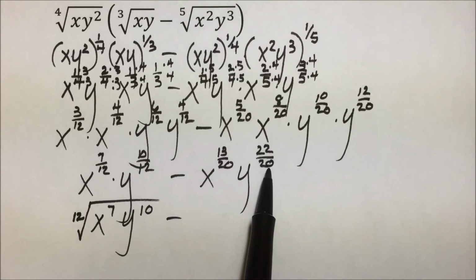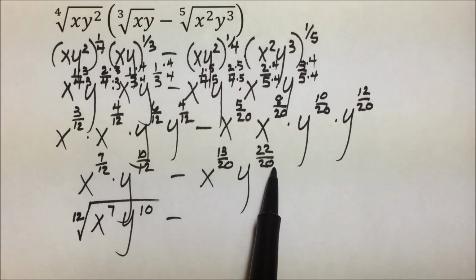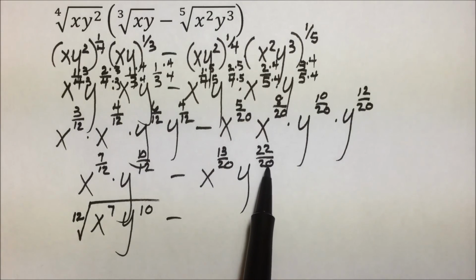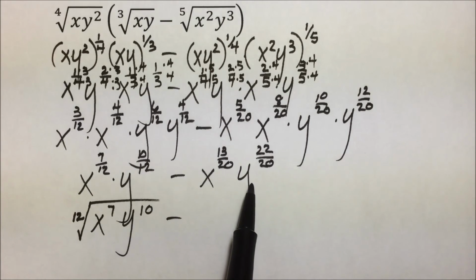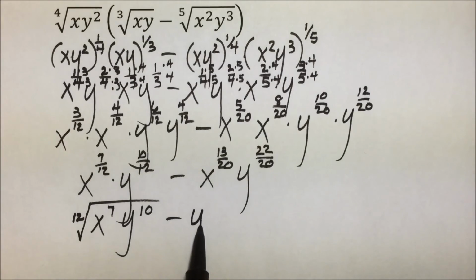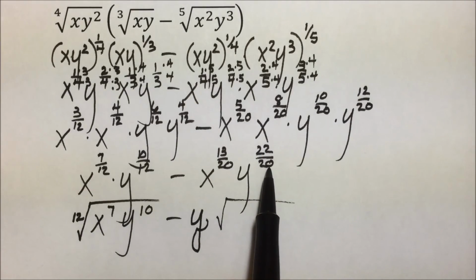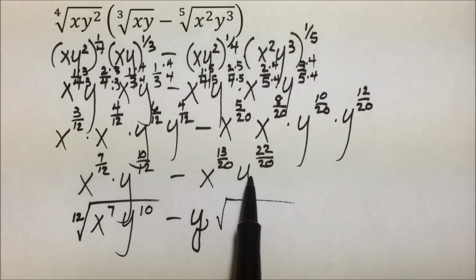Our index is going to be 20, but if you notice here on the y, it's to the 22/20. We have an improper fraction. 22/20 is actually 1 and 2/20. That means we have 20 y's, and so we will bring a y out in front of the radical, leaving the remaining 2 as our power on our y.